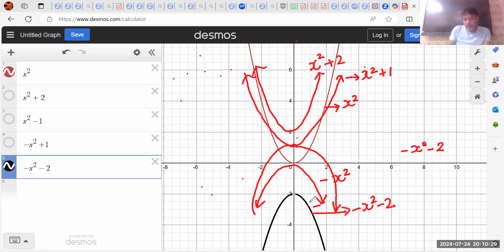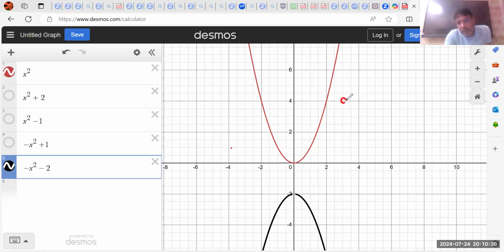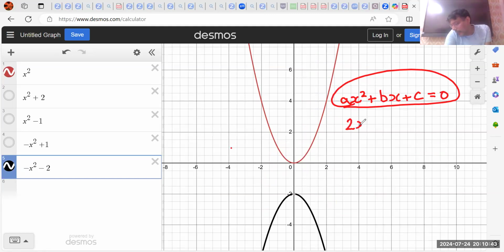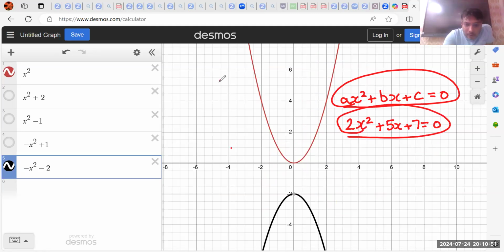So guys, as a general rule, a quadratic equation has the form ax square plus bx plus c equal to 0. Let me write it in this form: 2x square plus 5x plus 7 equal to 0. All quadratic equations will have the shape of a u, a parabola, like this.